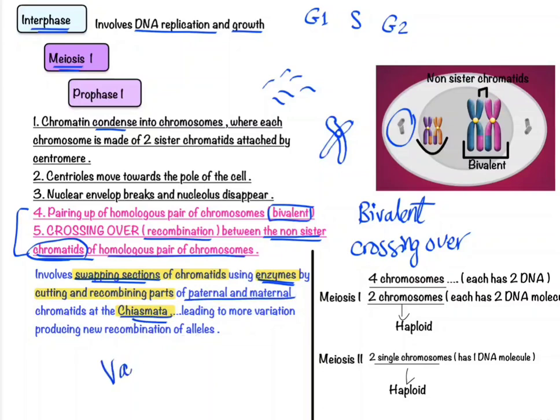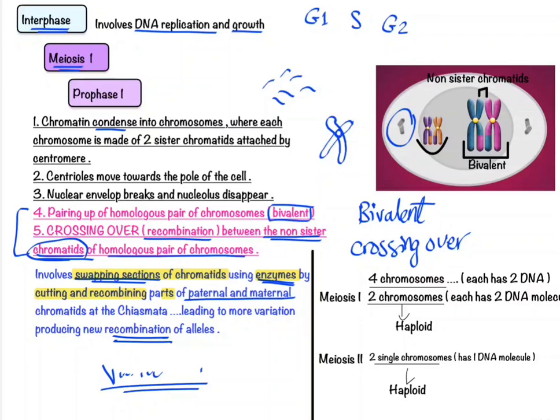And this definitely leads to variation and production of new combinations of alleles. Not only combinations, recombinations, because we're combining them for a second time. Okay, recombination of alleles. Okay, that was about prophase.